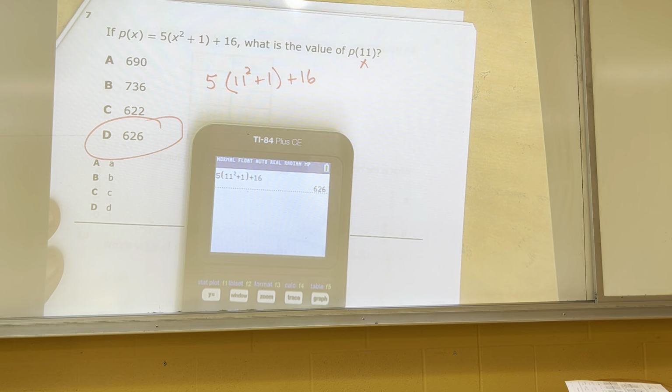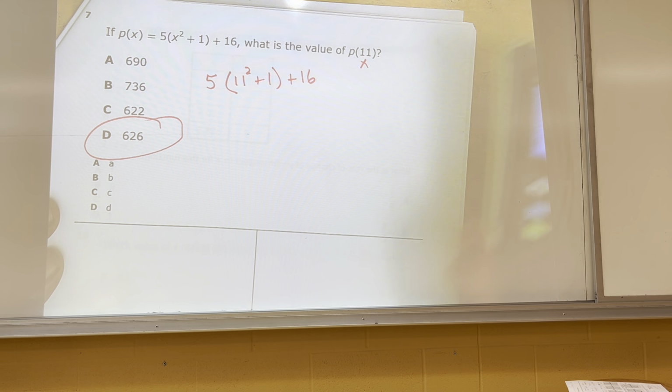Another thing you can do, since you have the equation, you know this is the TI-84, but it's the same concept. You can type the equation into your calculator, just like you would in a TI-Inspire, and you can just go to the table and find 11. When you have 11, what is the line? 626. Does that make sense? Another way of doing it. They have two ways of doing that. Okay?